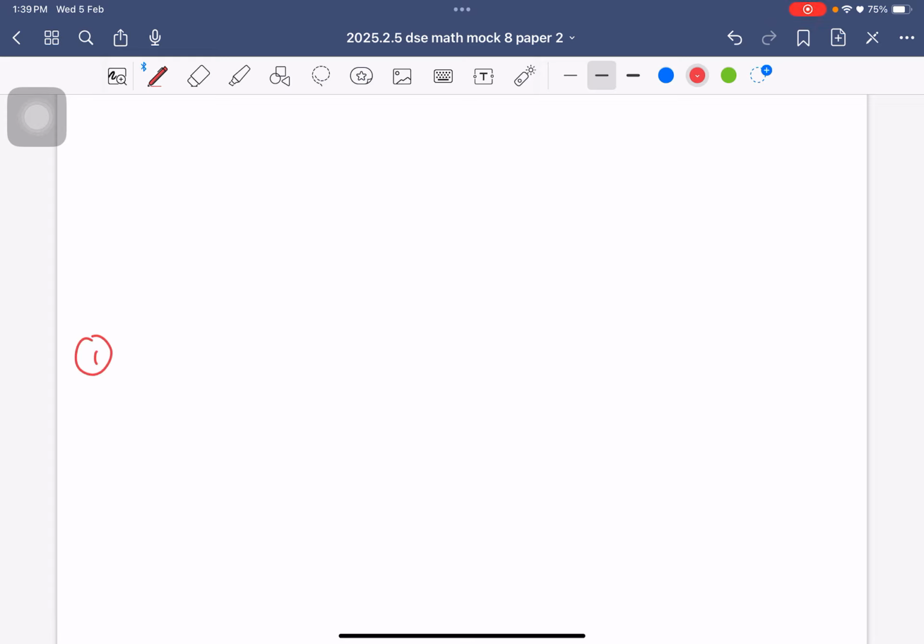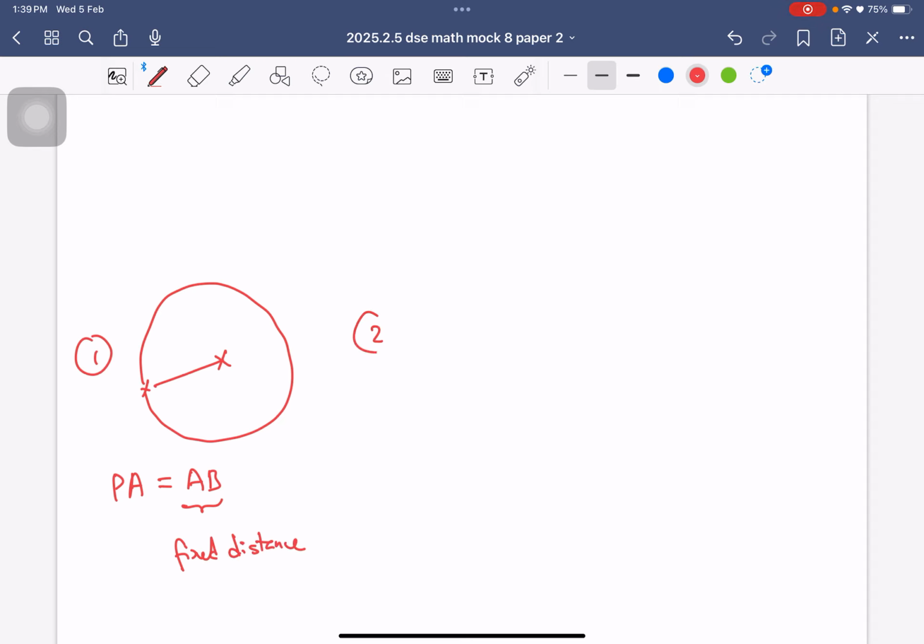The first one is where we have one fixed point and another variable point. That's going to be a circle, so PA is equal to AB. This is a fixed distance. The second one is where we have two fixed points, A and B, and the variable point is equidistant from them.